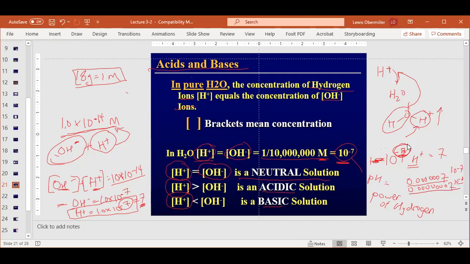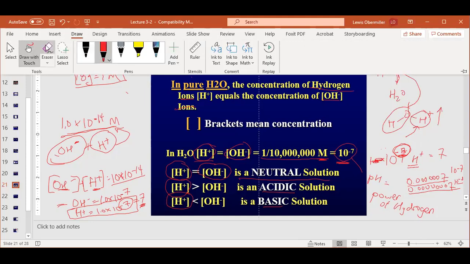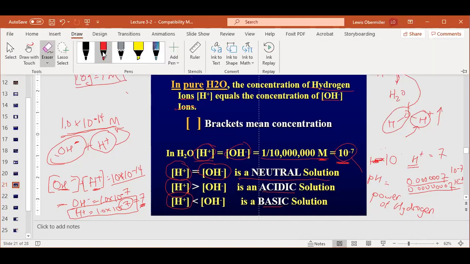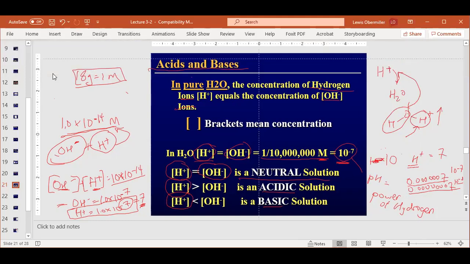So if I'm adding hydrogens in and it was 10 to the negative 7, and let's say I pour a bunch of hydrogens in there, that might make it go to 10 to the negative 5th.